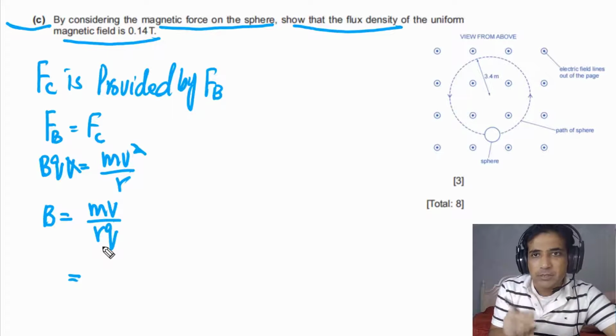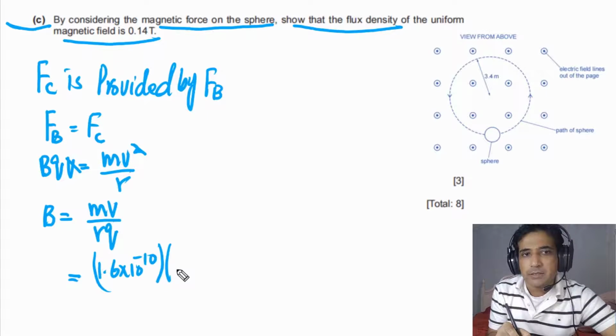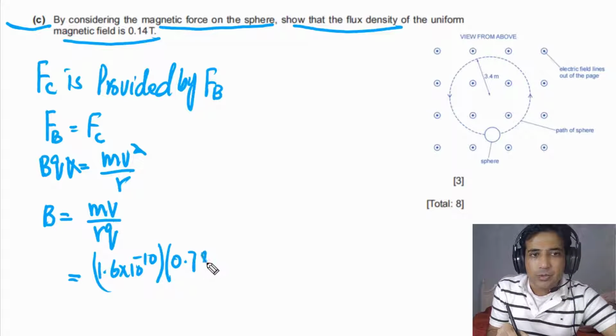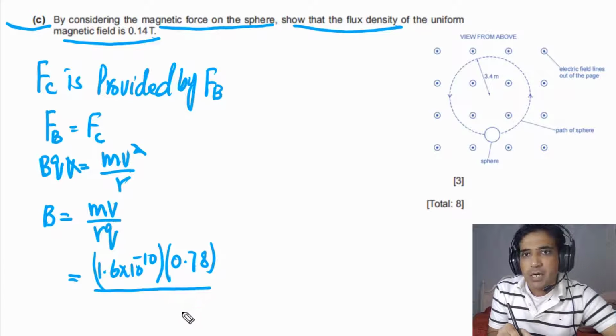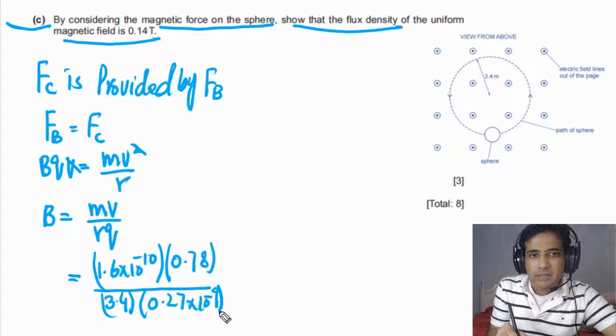Mass of the sphere is given, 1.6 times 10 to negative 10 kg, and speed of the particle is given, equal to 0.78. Radius is equal to 3.4 meters, and charge on the particle was equal to 0.27 times 10 to negative 9, means nanocoulombs.